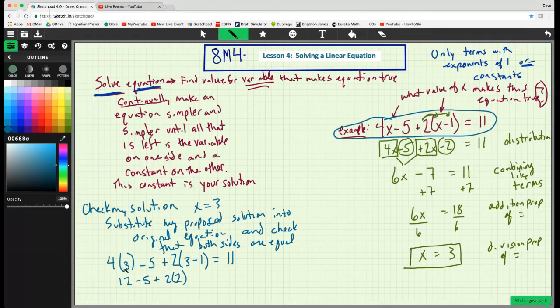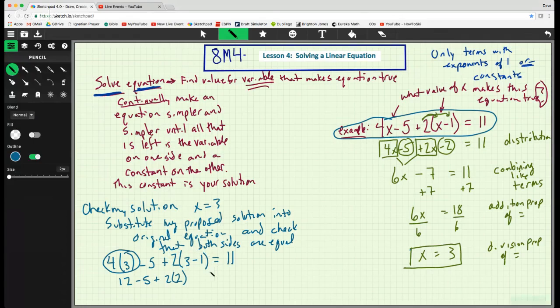So I did my multiplication here, and I did my simplification over here. I got 12 minus 5 plus 4. 12 minus 5 is 7, plus 4 equals 11. So this is true. So it worked.